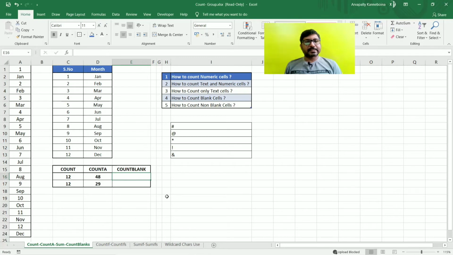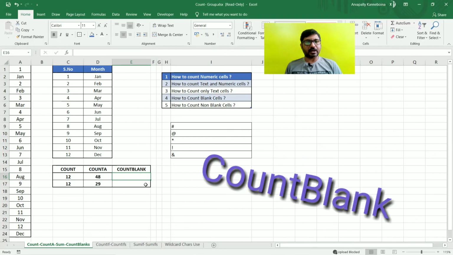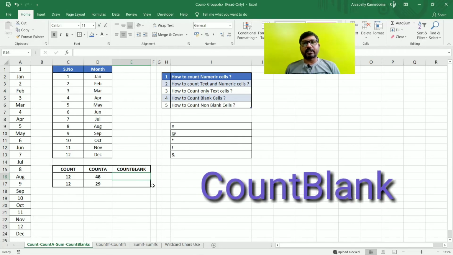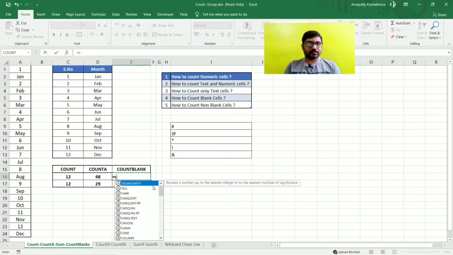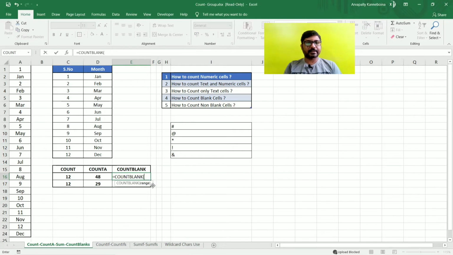So blank cells, how to count the blank cells? Right now we will look into the next formula, count blank. Count blank itself, the meaning is count the number of blank cells in a selected range, or multiple ranges. So equals to count blank.